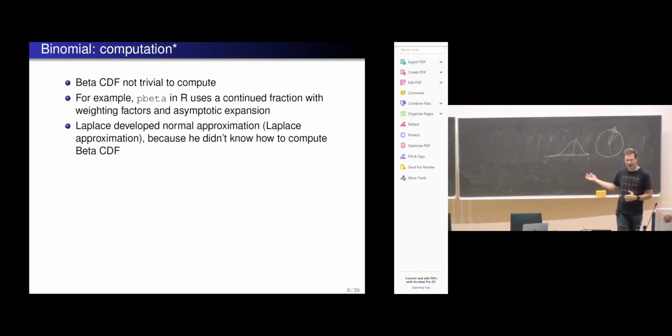In a way, this is the simplest possible model, and already for the simplest possible model, there's no analytic solution for computing cumulative density functions, which is useful when making inference. And it's not easy to come up with these continued fractions. Laplace developed this normal approximation, sometimes also known as the Laplace approximation, because he didn't know how to compute the beta CDF.